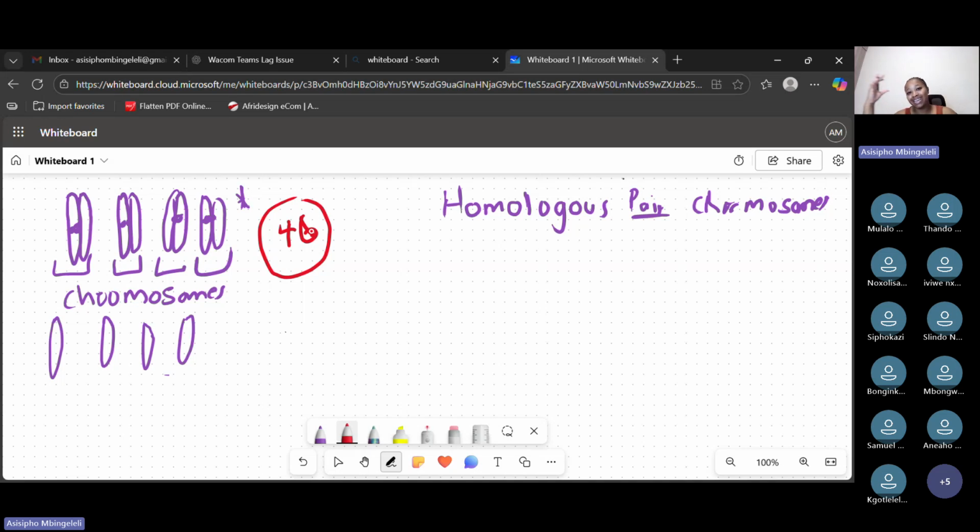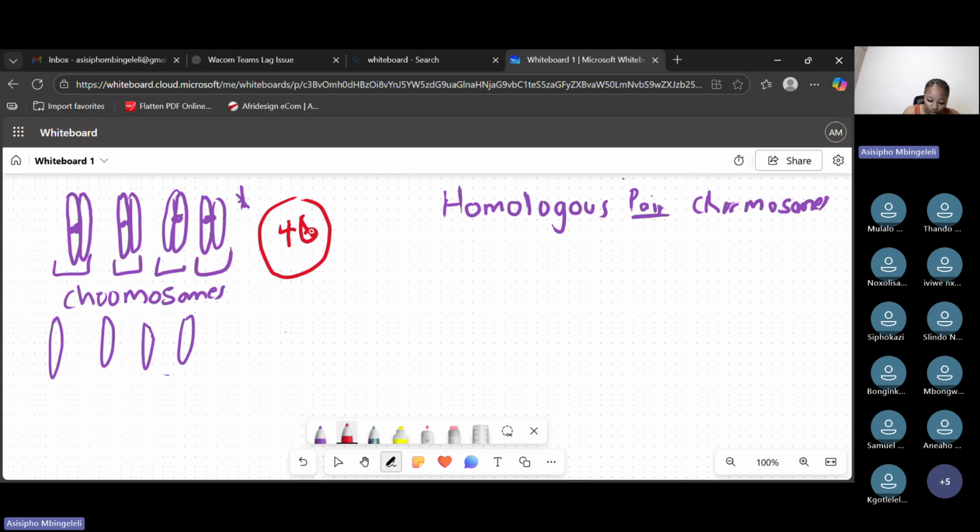The key word is inherited, not received or found. So in life sciences, we're going to penalize you for that. I might make mistakes while I'm doing the presentation, but you have to use the word inherited because they were passed down to you through the gametes. But you don't say received or found.